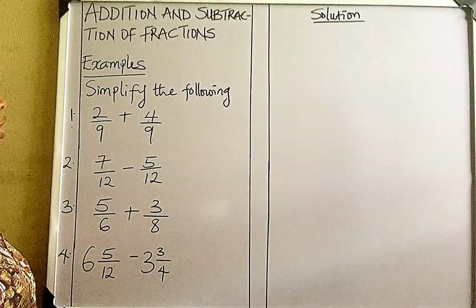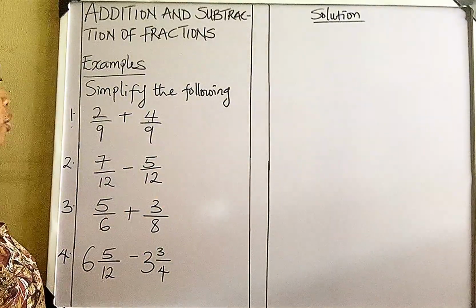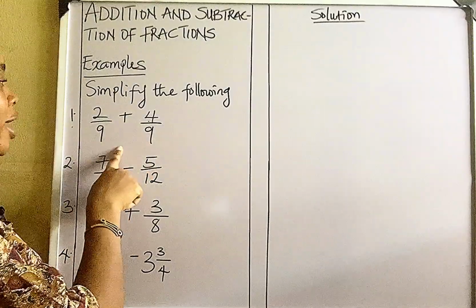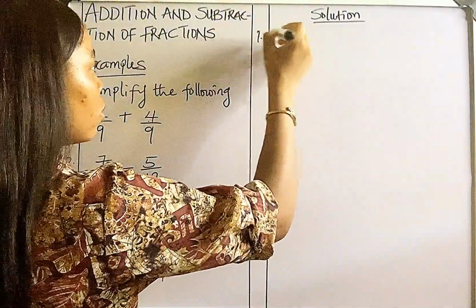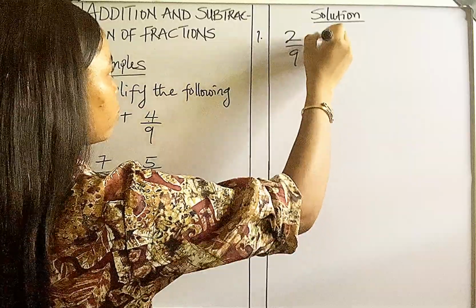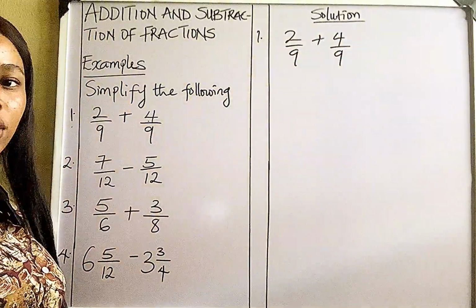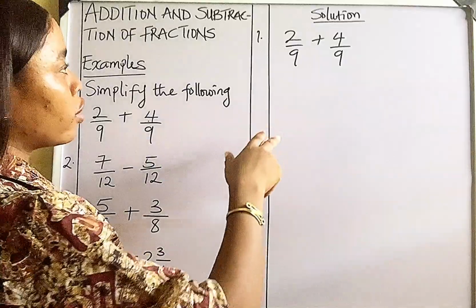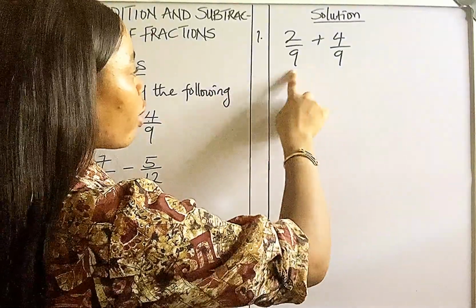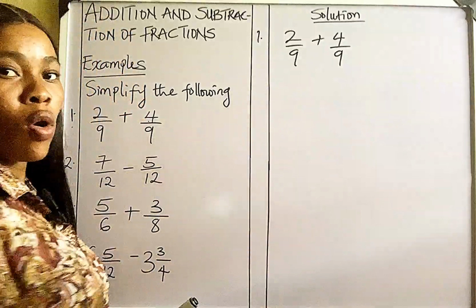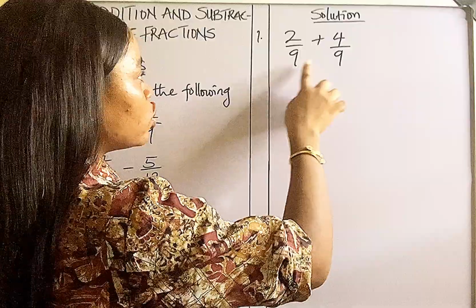Now we have the first question here. We have to simplify the following. We have 2 over 9 plus 4 over 9. Now, if you take a look at these two fractions, you can see that they have something in common. And what is that? They have the same denominator.